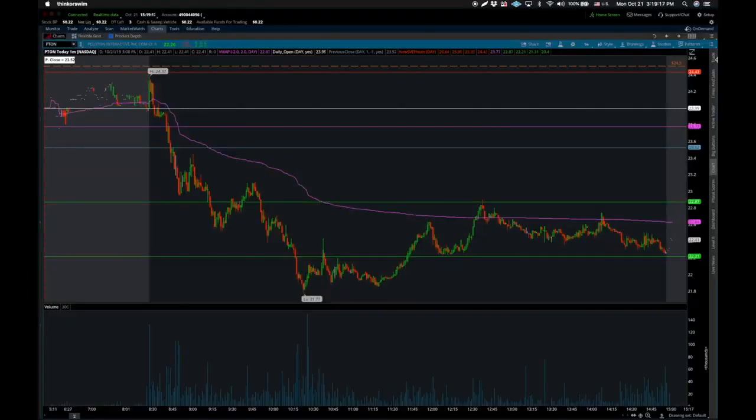Okay, so this is PTON intraday. This is a good example of when a pivot point solidifies or fortifies a resistance level, okay? As you can see, here's the pre-market action. Again, remember, this is the case where the line is outside the pre-market range.